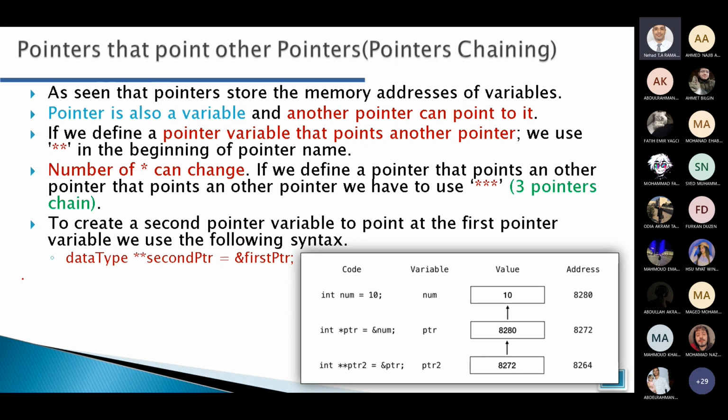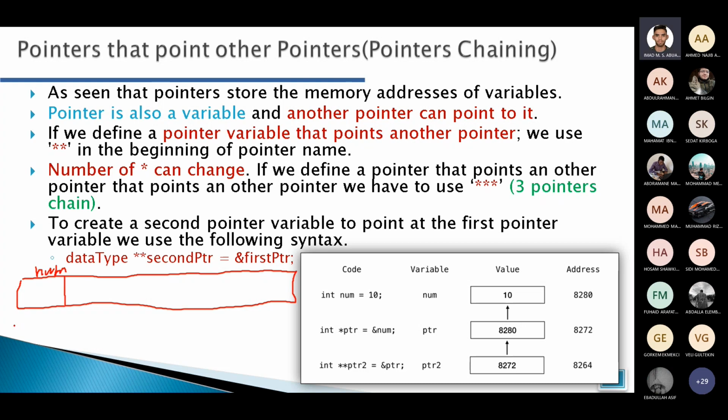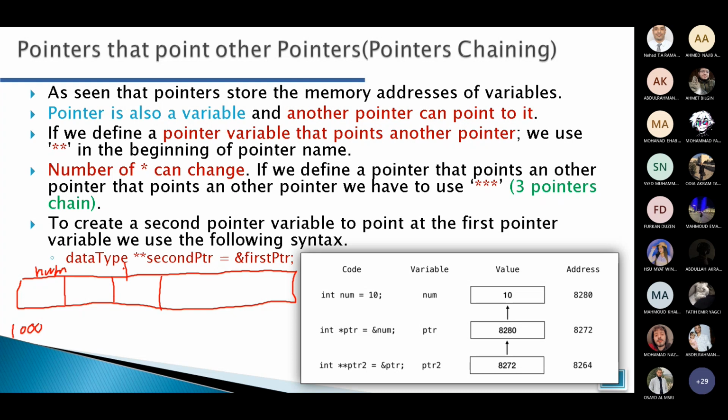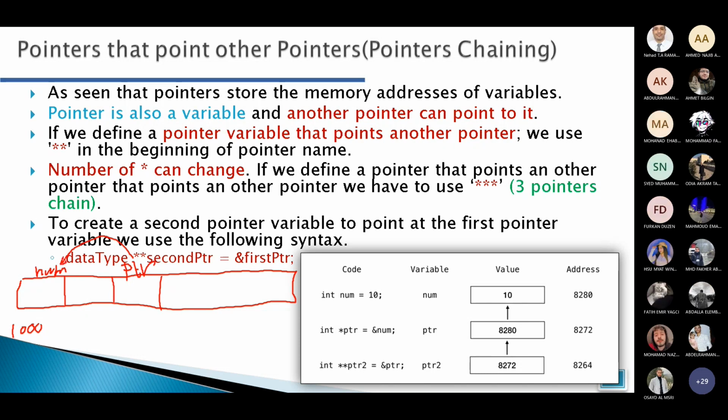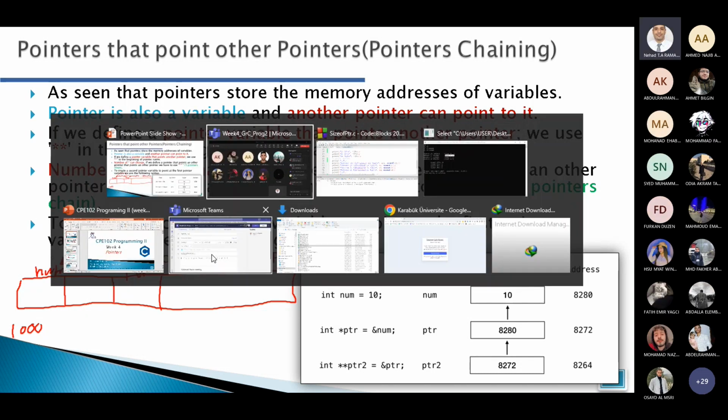And if we imagine in the memory that we have variable num, for example its address is 1000, we could have pointer ptr point to num.